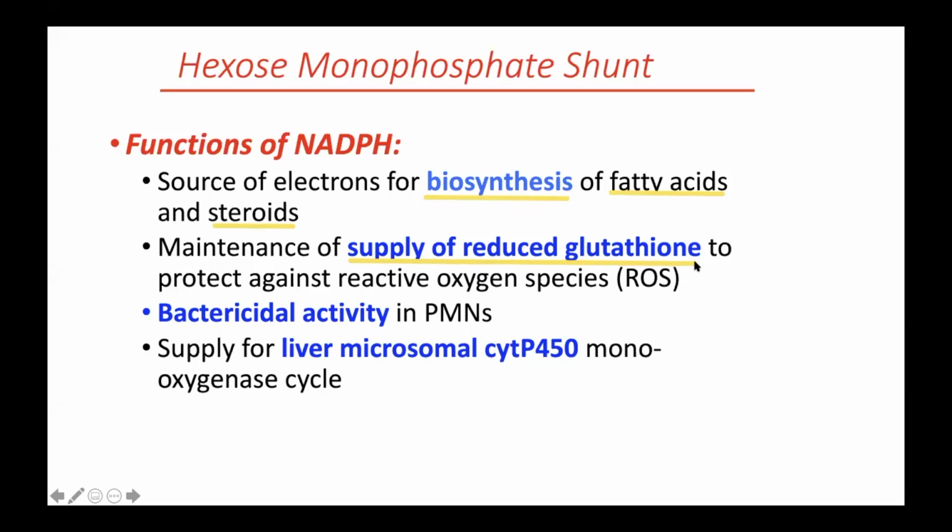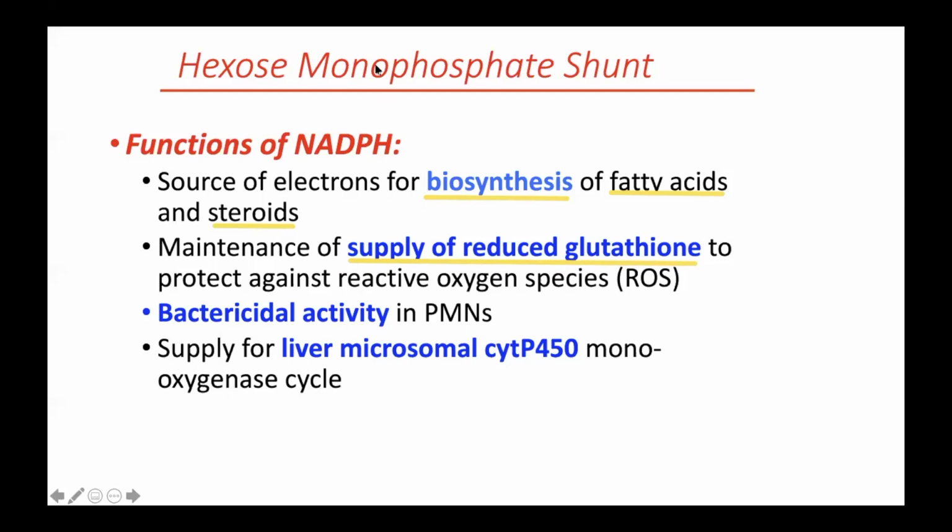This is not the same glutathione which is for skin whitening. We're talking about the glutathione which helps battle oxidative stress and protects the cells, particularly the RBC, against reactive oxygen species, or the ROS.